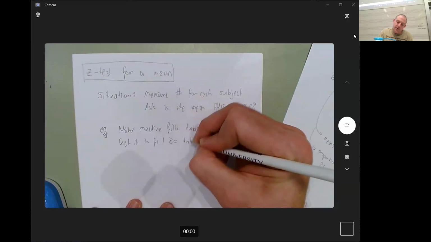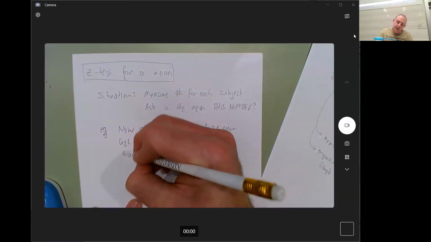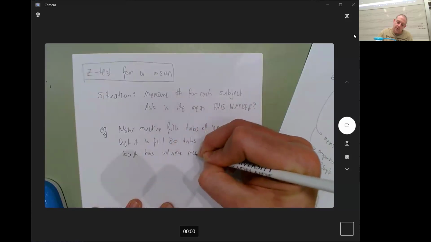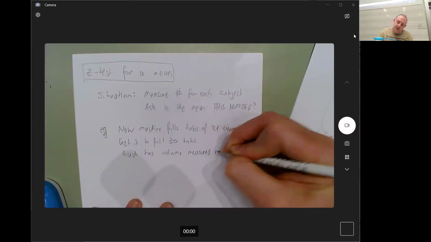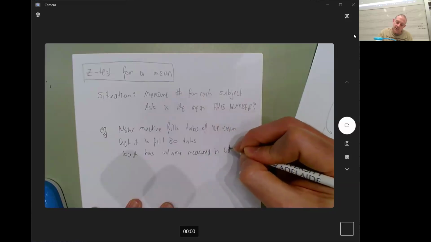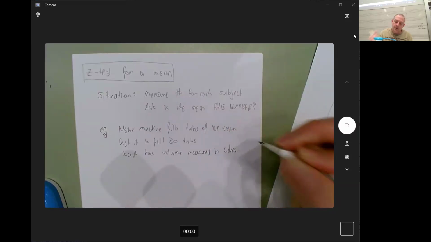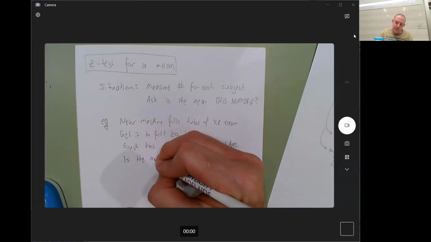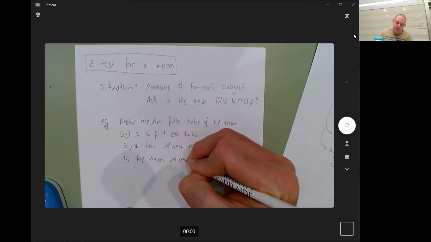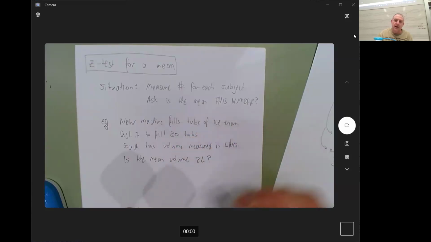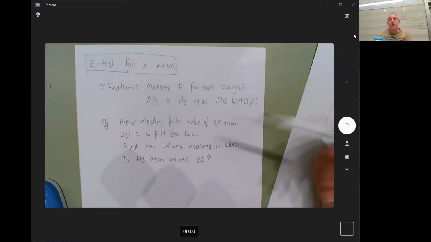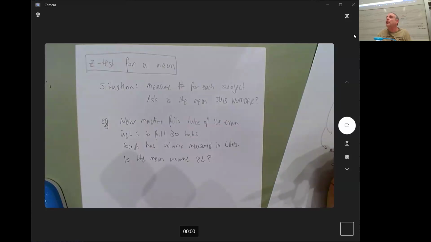To fill 30 tubs, each has the volume measured in liters. Is the mean volume two liters like it's supposed to be? That's the general vibe. And in fact, this sort of question was in fact invented in a quality control situation.